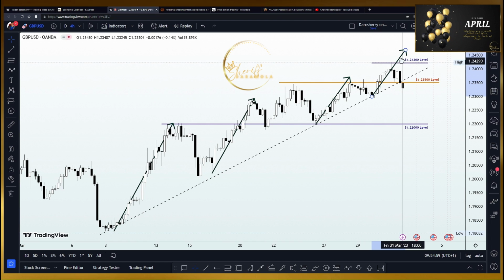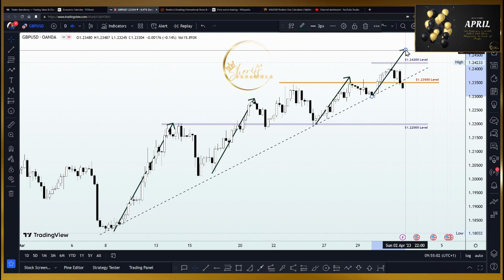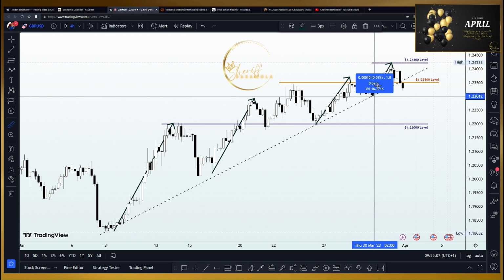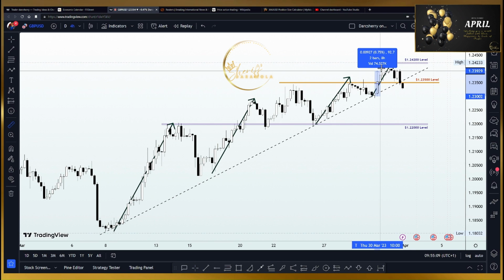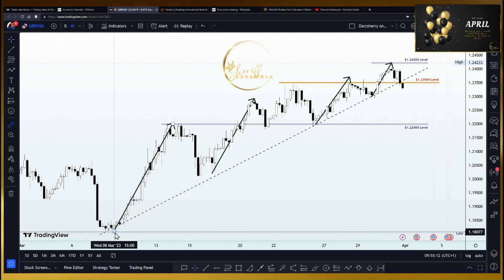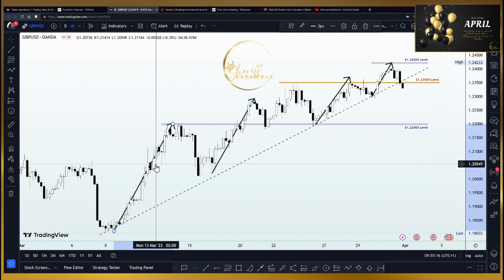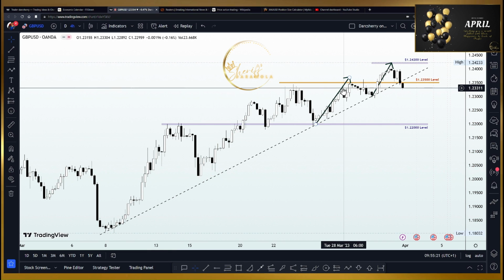Can you see what happened last week? It finally reduced to about 120 pips, compared to the beginning of this trend here, which is about 400 pips. So you can see that the momentum is gradually reducing over time in this market.